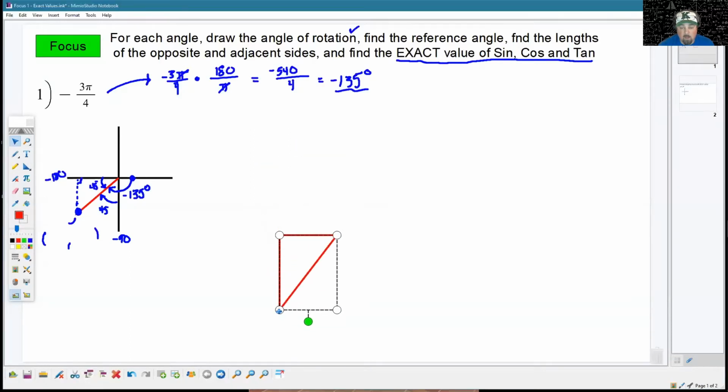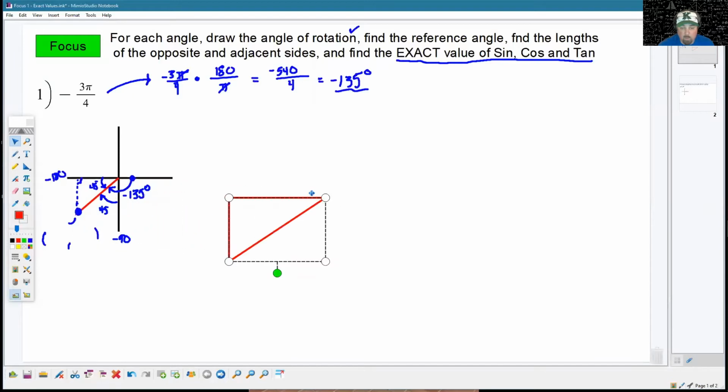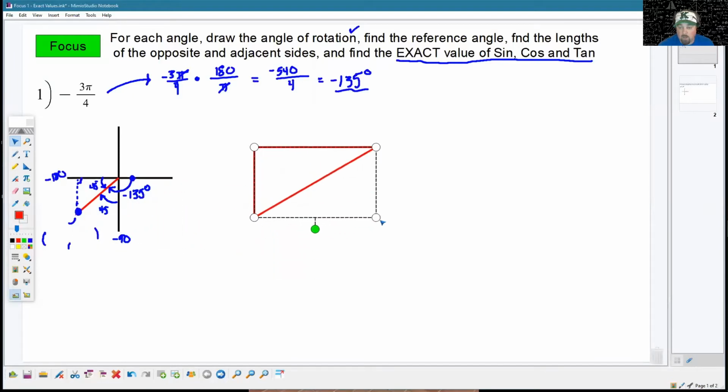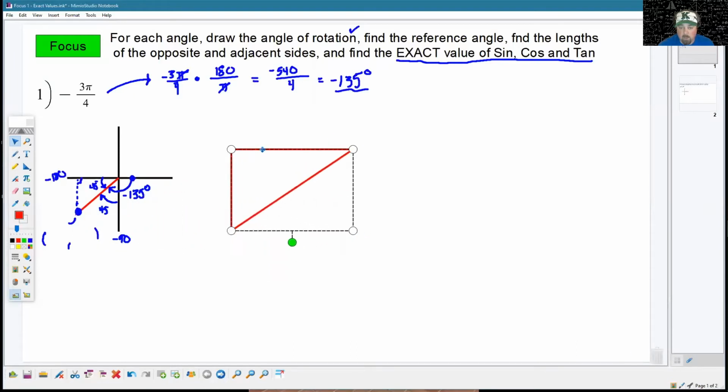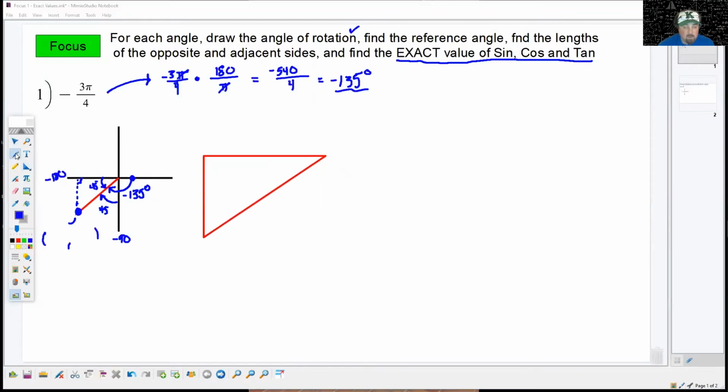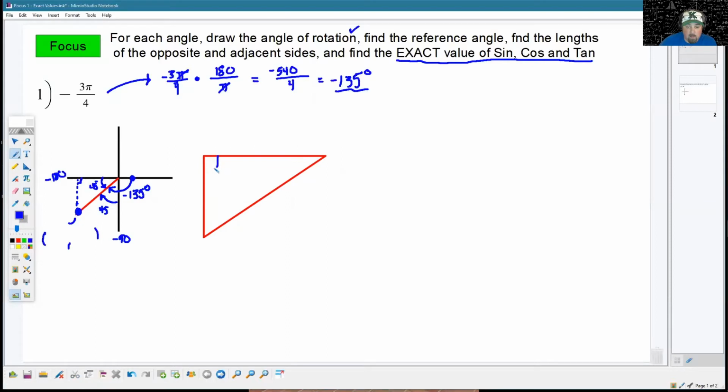We'll make it look like the one right there. You see we're taking this triangle right here, we're pulling it out, we're going to make it bigger so we can label those. So our right angle is right here. And we just figured out this was 45 degrees. So therefore this also has to be 45 degrees.